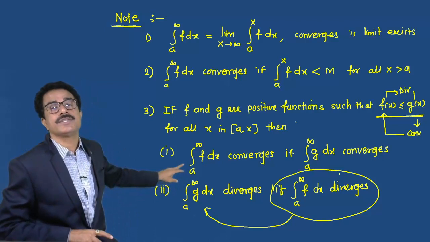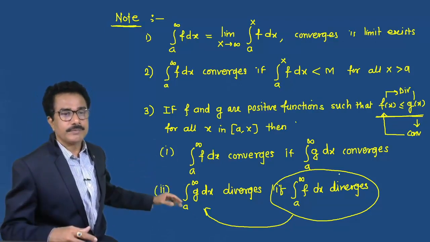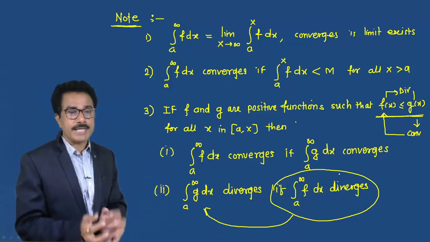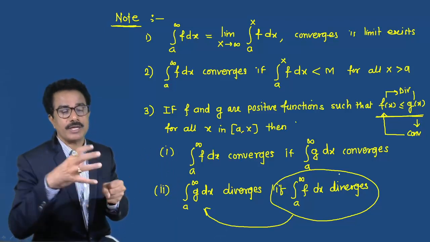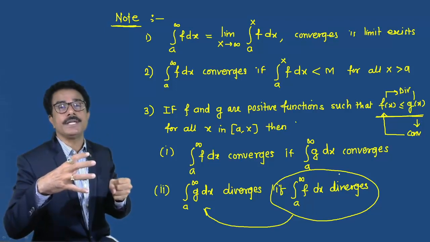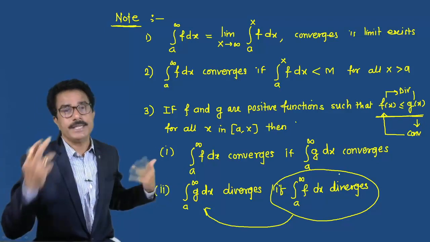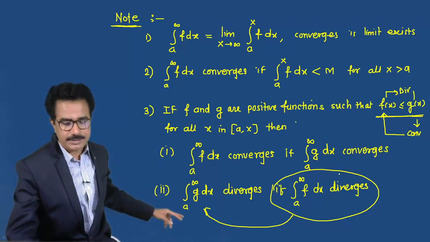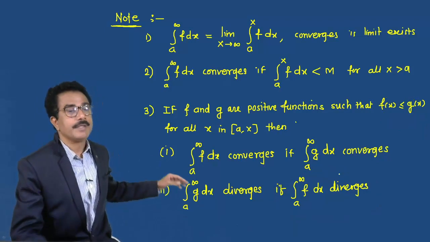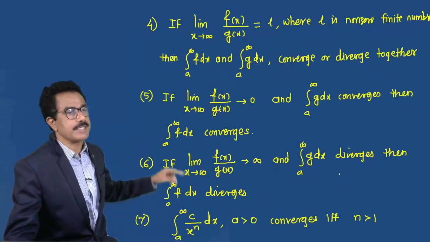This satisfies the first condition. Similarly, if f of x diverges, because f of x is smaller than g of x, f of x tends to infinity, then its bigger value also tends to infinity. These are the conditions given by comparison test first.